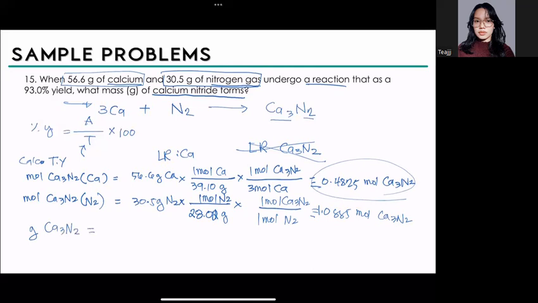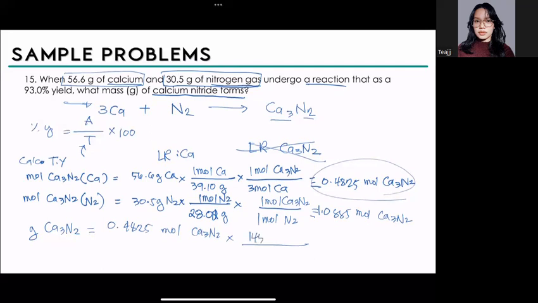So when everything's perfect, you will have 0.4825 moles of Ca3N2 times, kailangan natin yung molar mass ng Ca3N2. Yung molar mass is already solved earlier.